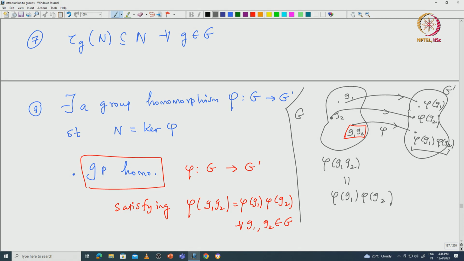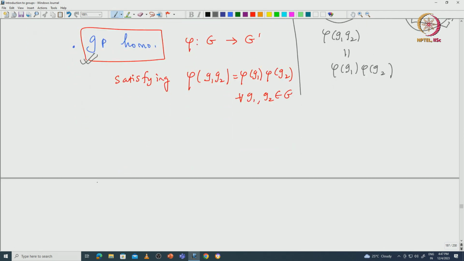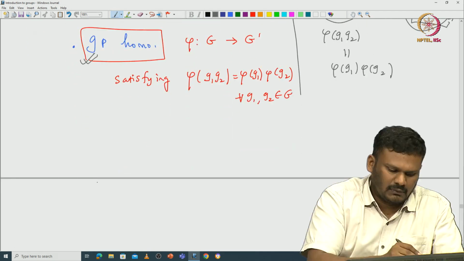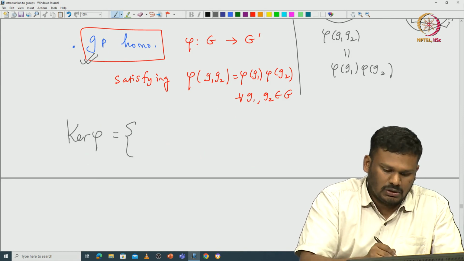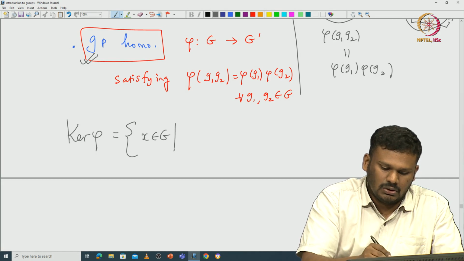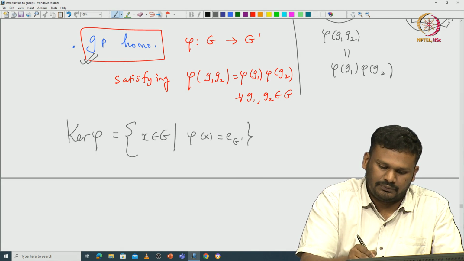Group homomorphism is happening in the category of groups, so it should preserve the group structure. Basically, the morphism that preserves the group structure is called a group homomorphism. Now what is the kernel? The kernel is nothing but those elements inside G that are mapped to the identity inside G dash.